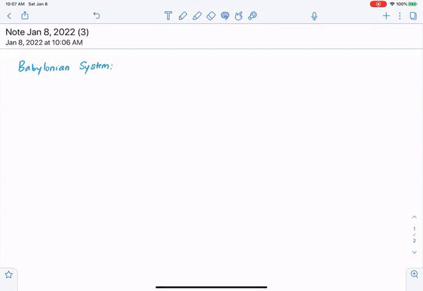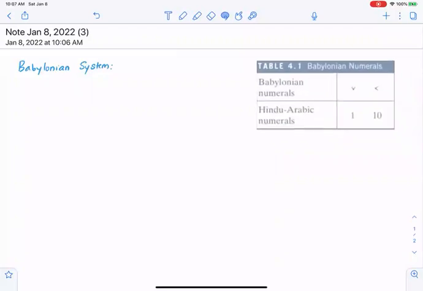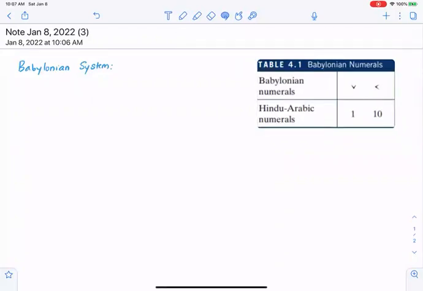So the Babylonian numerals are quite straightforward. So a downward tick or arrow means a 1, and a sideways would mean a 10.